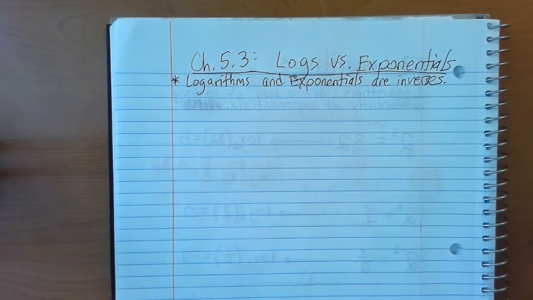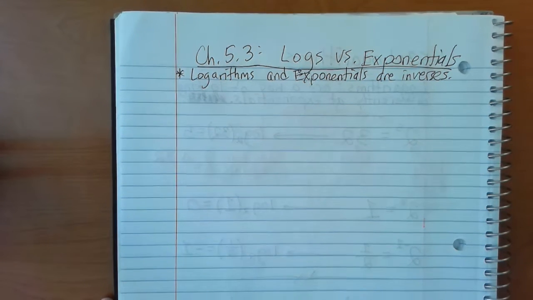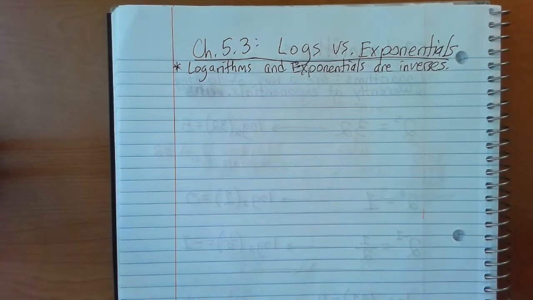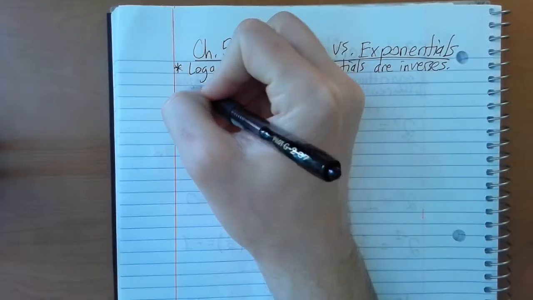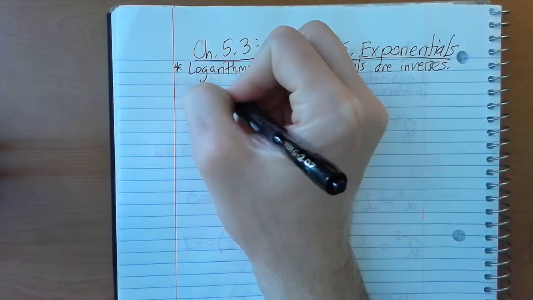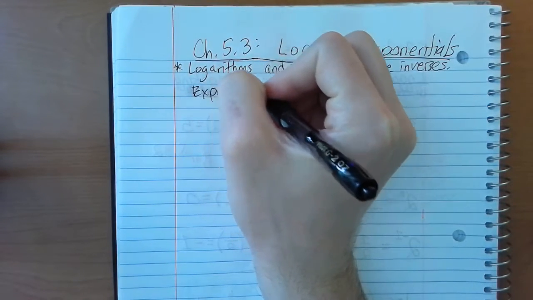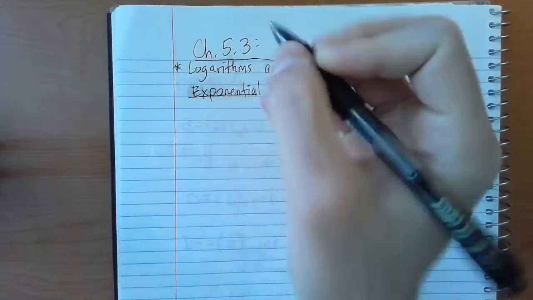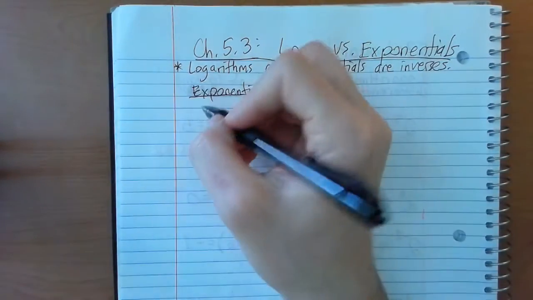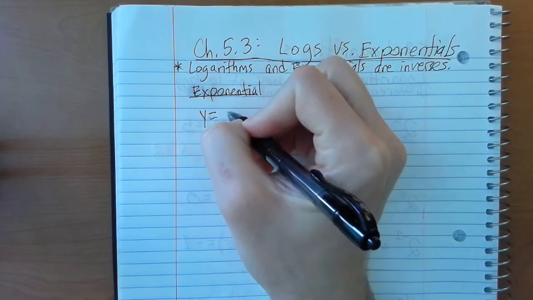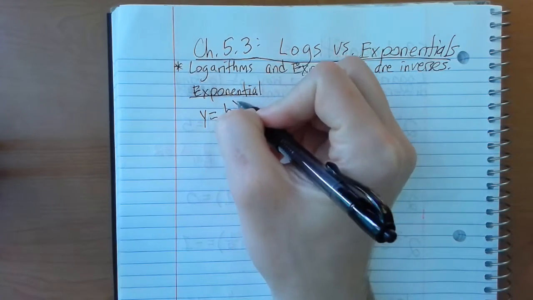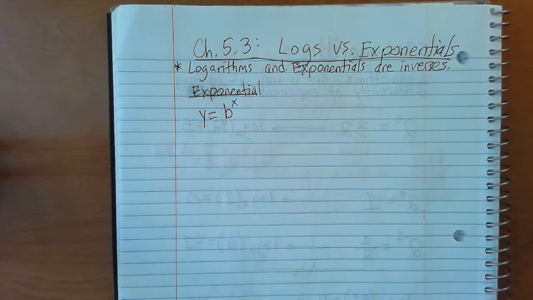So what that means in terms of what we've talked about before is that if I were to graph both, which we'll look at later in this chapter, they're going to be reflections of each other across y equals x. But for right now, if I had an exponential form equation, a really general one, just letters, it might look like y equals b to the power of x.